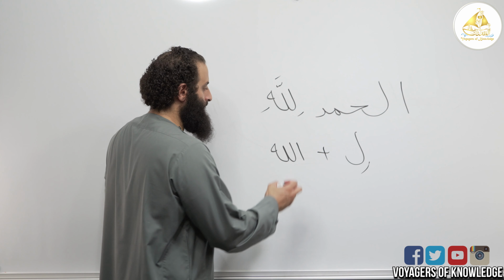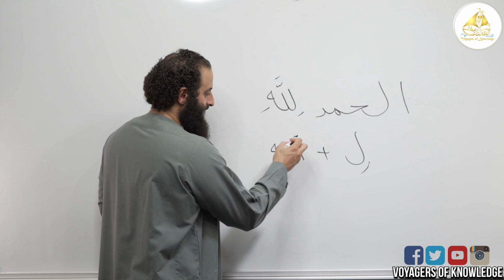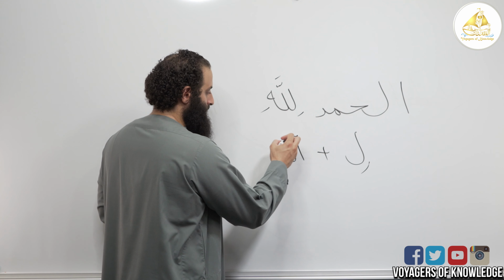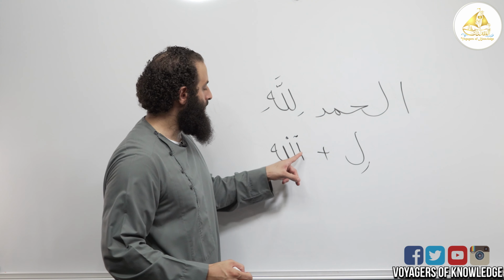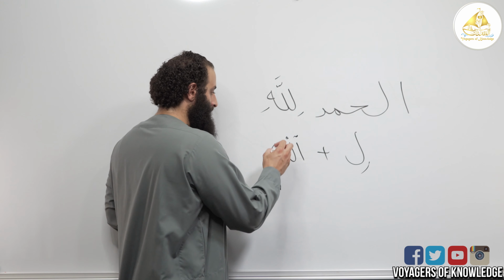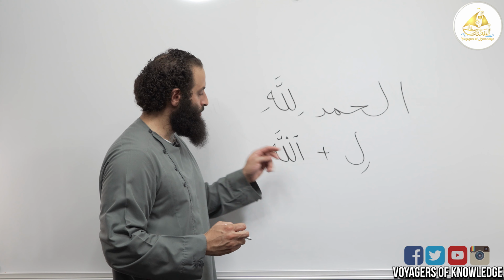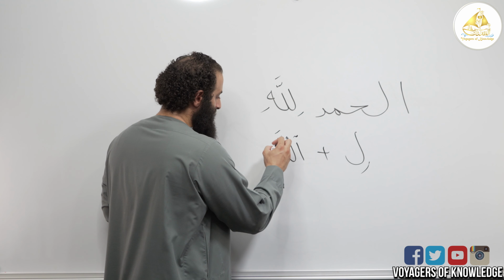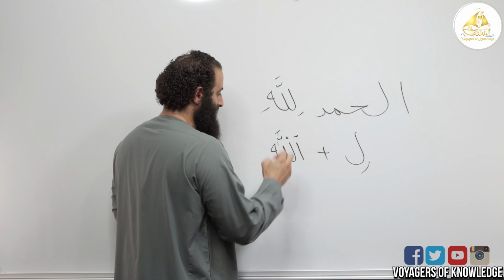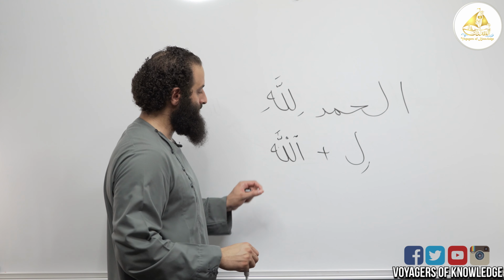Okay? This is already the, what do they call it? Hamzat al-wasl. This is already a lam. And here's another lam. Allah. And there's more lams in there, 2. And you have an alif in there. Typically they write it right here, but really it comes after this.